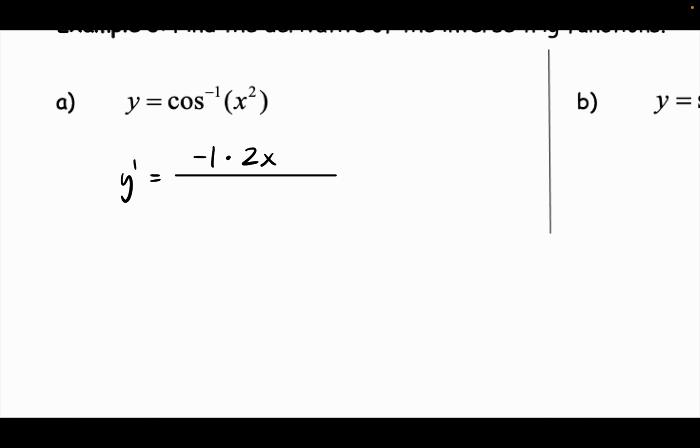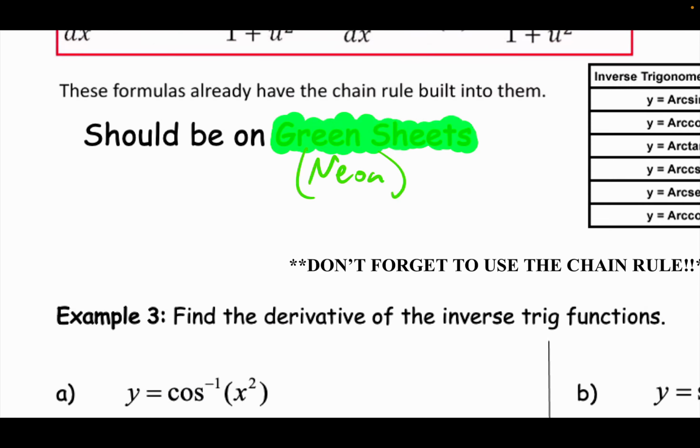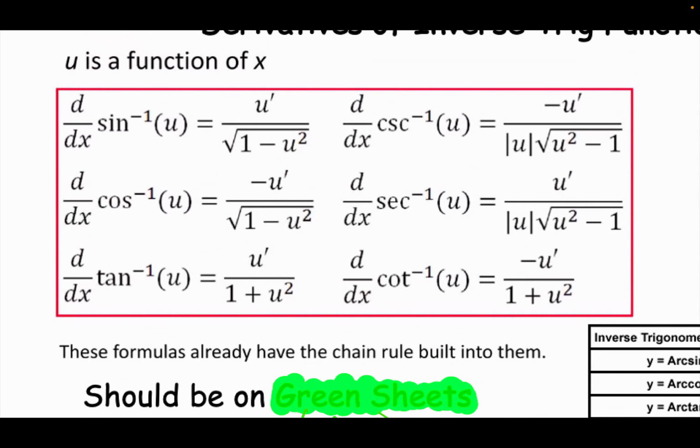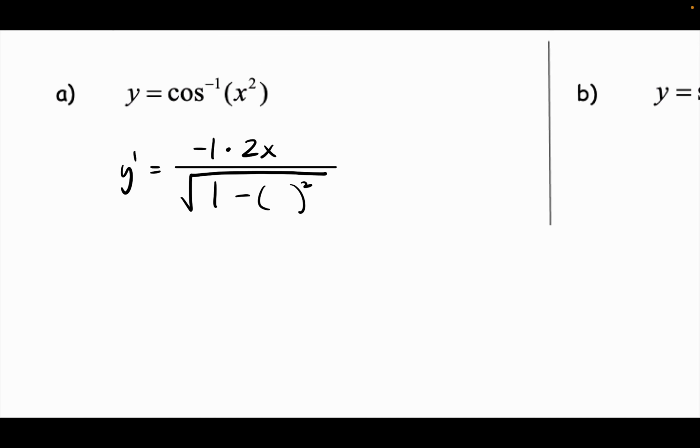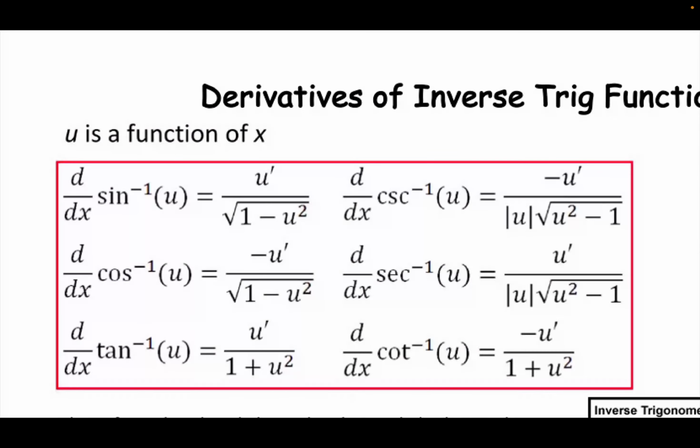That's the top. The bottom says the square root of 1 minus the stuff squared. U is the stuff in parentheses. So square root of 1 minus u squared.